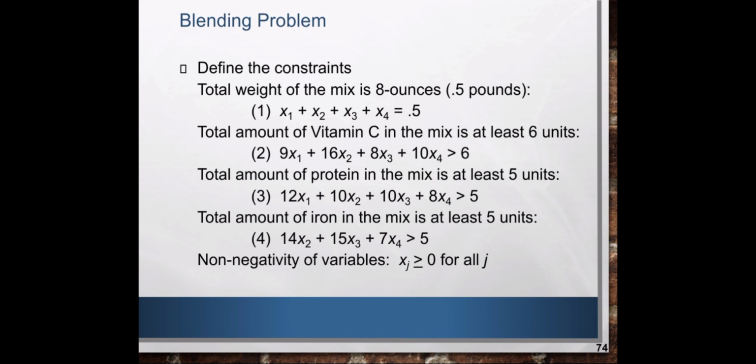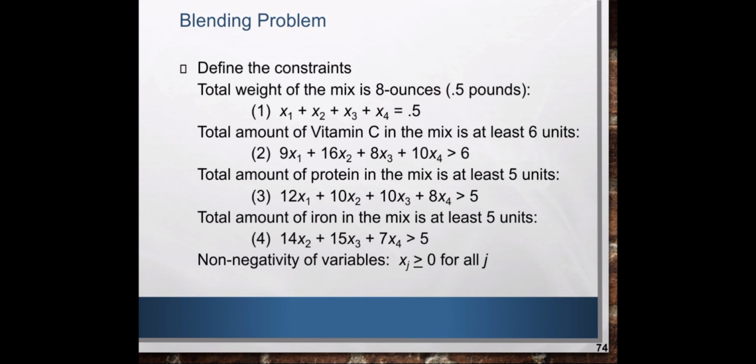The total amount of vitamin C in the mix is at least 6 units. So 9x sub 1 plus 16x sub 2 plus 8x sub 3 plus 10x sub 4 is greater than or equal to 6. The total amount of protein in the mix is at least 5 units.